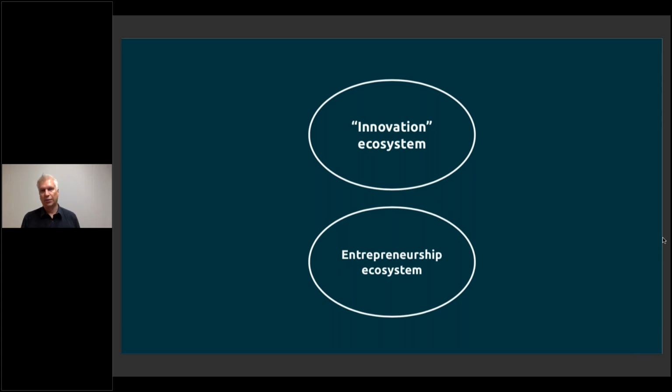So innovation can live in its own ecosystem, and there is an innovation ecosystem separately to conceptually understand. The same goes for the entrepreneurship ecosystem, the entrepreneurship, the talent, and so forth.